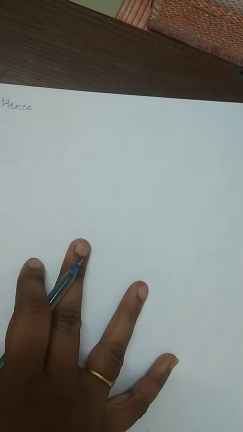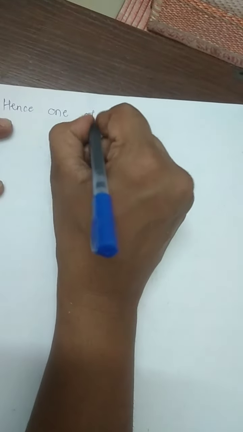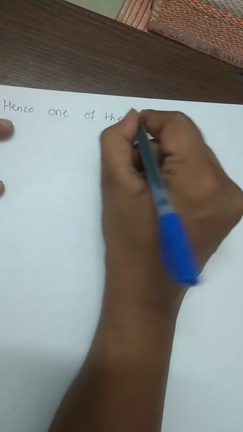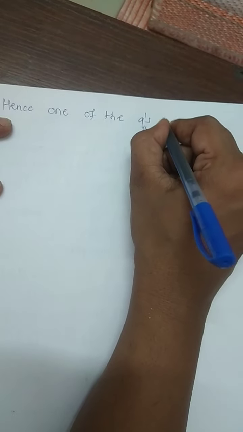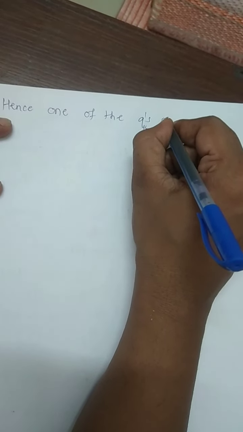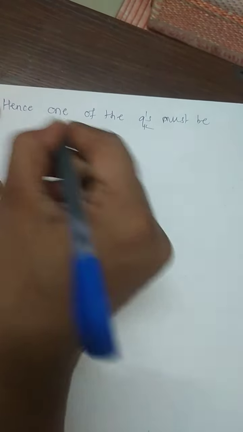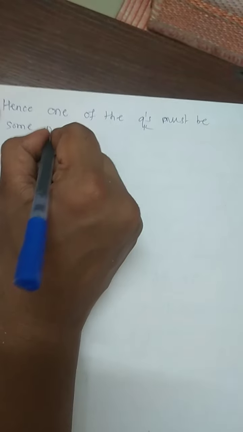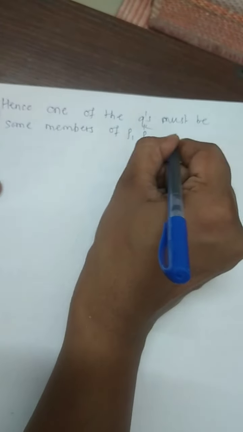See, hence one of the qk's must be some member of p1, p2 up to pr.